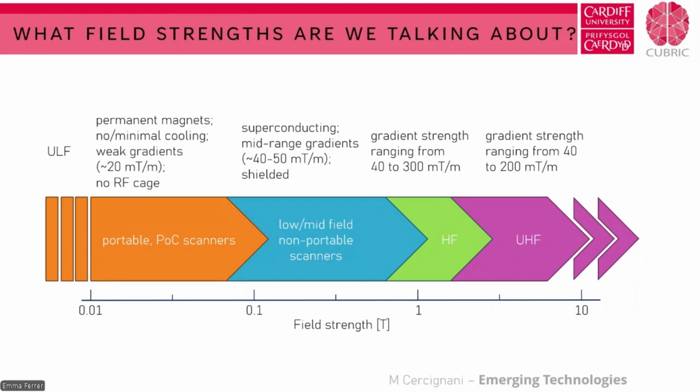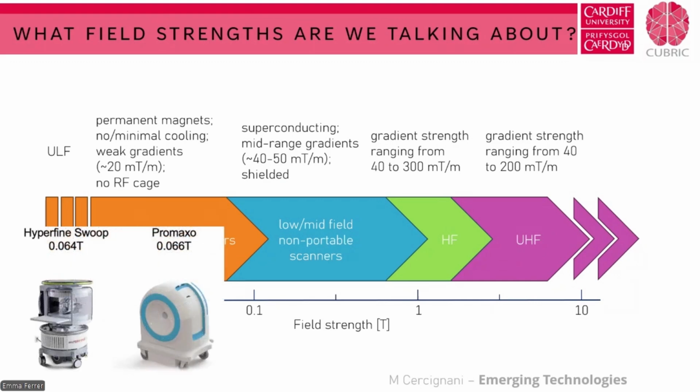That is not just the field strength that changes, but essentially everything changes when we move to these portable systems. And as we've seen already, there are some commercial systems that live in this area.